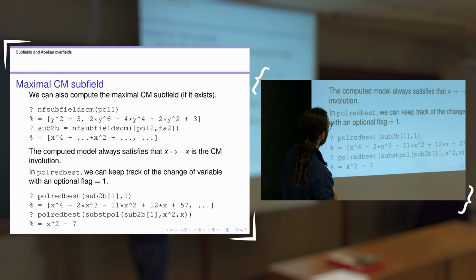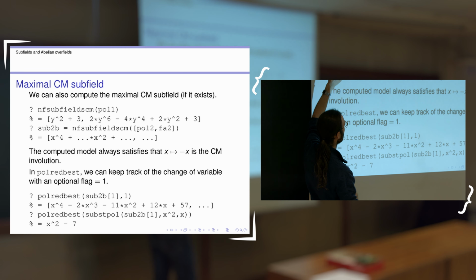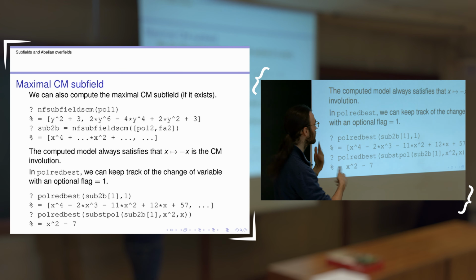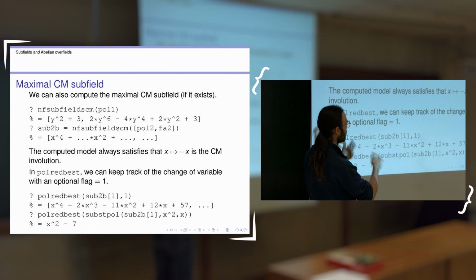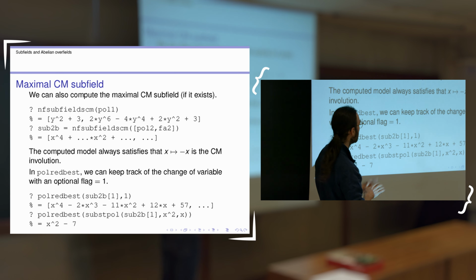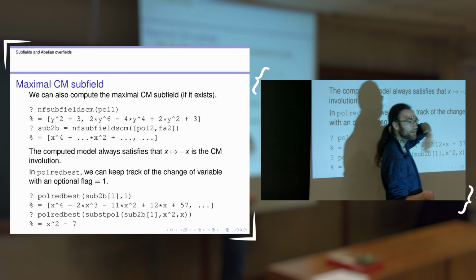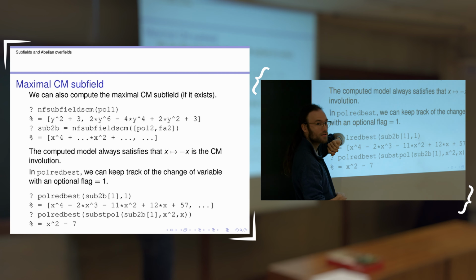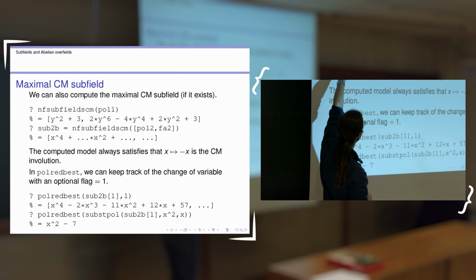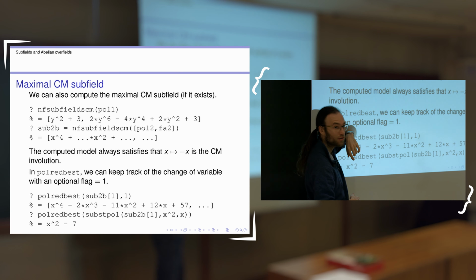The way the output of the function is designed, it will give you somehow a certificate that it's a CM field, by giving you a model such that x goes to minus x is the CM involution. In other words, these polynomials will always be even.